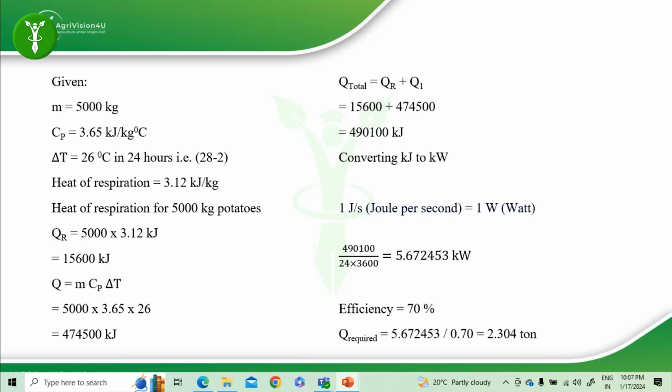So divide this Q by 24 into 60 into 60. That will be in seconds. So you get the value as 5.67 kilowatts. Now since the efficiency is 70%, calculate the value of Q at 70%. 5.67 into 0.7. Okay, everybody got the answer?